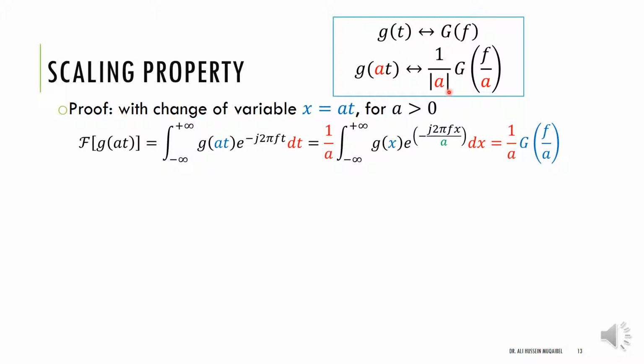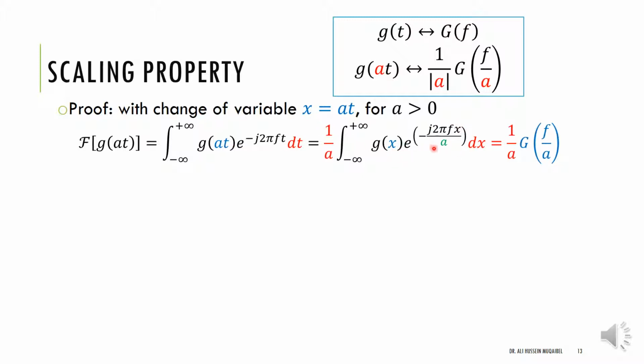If you want to prove this, you can use the Fourier transform definition, and we can do a change of variable. If you replace this variable with x, execute the change of variable, you will have dt now becomes dx over a. You can see the red colored here: dt will be replaced by dx over a, and then the new variable x replaces a t.